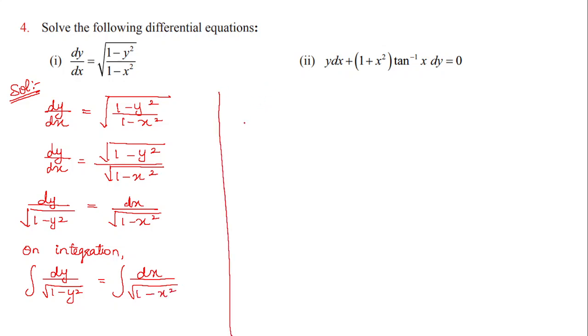So we know that integral du by square root of 1 minus u square is nothing but sine inverse of u plus c, right? So we are going to substitute there. So this implies sine inverse of y is equal to sine inverse of x plus c. Okay, so this is the required equation.